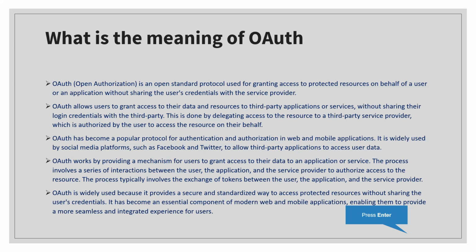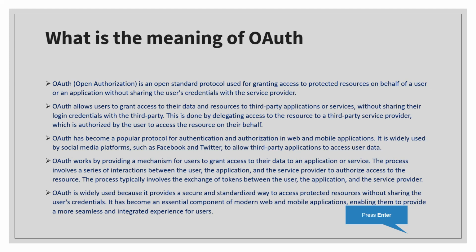Third point, OAuth has become a popular protocol for authentication and authorization in web and mobile applications. It is widely used by social media platforms such as Facebook and Twitter to allow third-party applications to access user data.